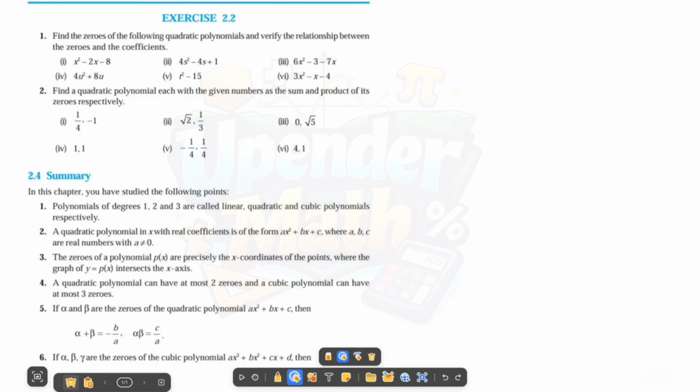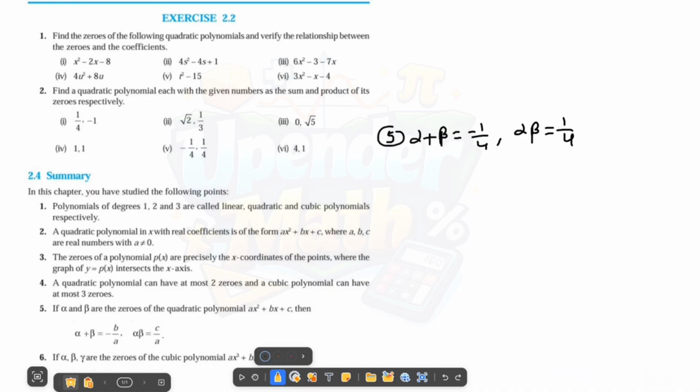Next, the fifth problem is sum of the zeros is minus 1 by 4, product of zeros is 1 by 4. Let's write, if alpha and beta are the zeros, sum of the zeros is equal to minus 1 by 4 and product of zeros alpha into beta is equal to plus 1 by 4. So what is the formula?